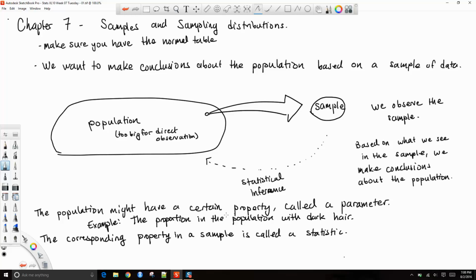So in our example, if the proportion in the population with dark hair is our parameter, then the corresponding statistic would be the proportion in the sample.